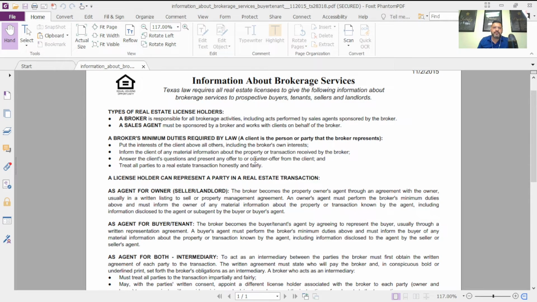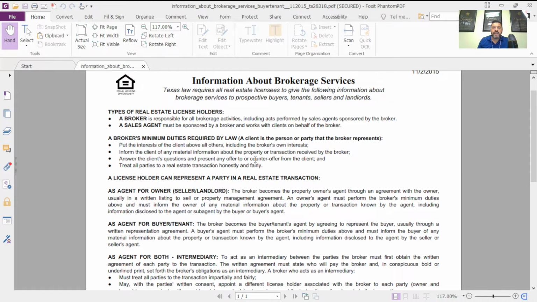On the next paragraph, these are the minimum duties of a broker and a sales agent. I'm going to read through this information because it's very important. Once you're explaining this form to your client, it's important for them to know. First thing is put the interest of the client above all others, including the broker's own interest.